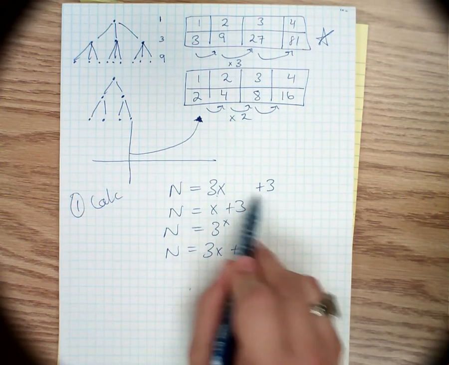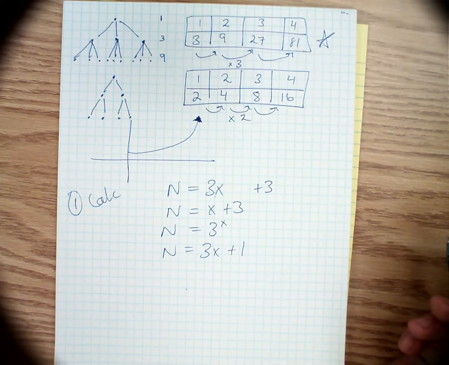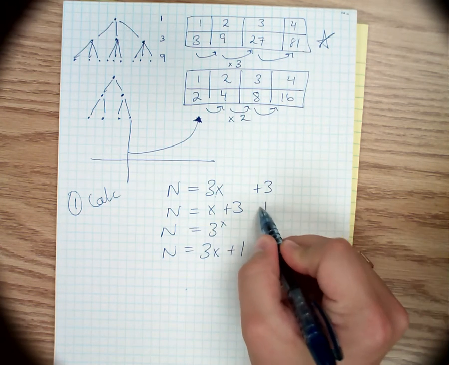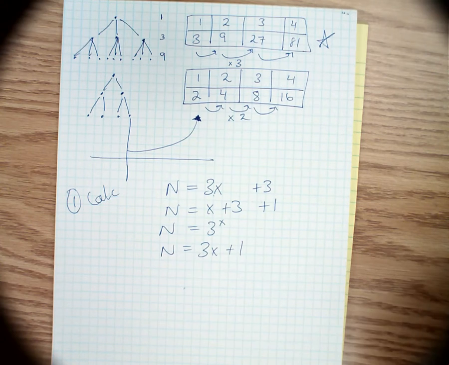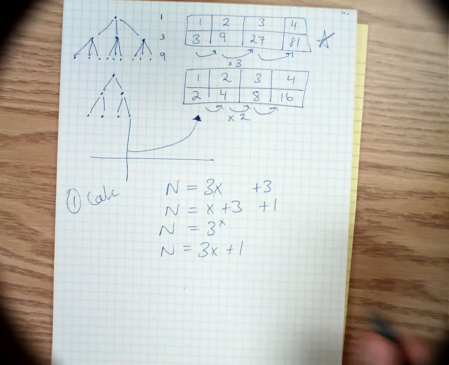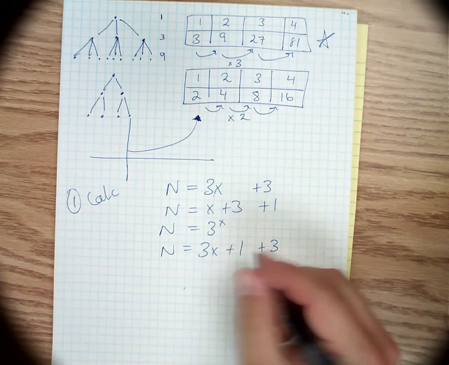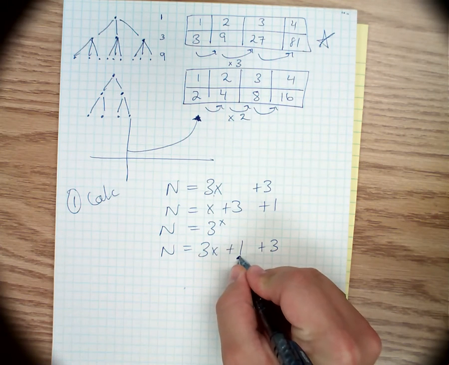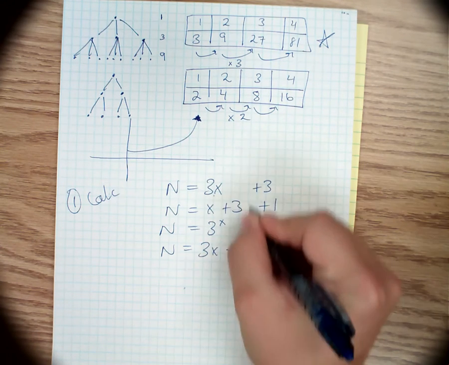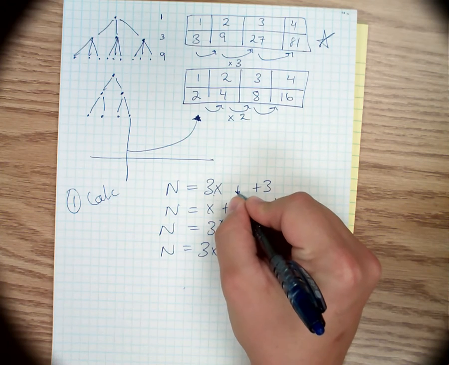What will this one be increasing by? Adding 1, okay. And what about this bottom one? It'll be multiplying by 3s. Now, if you put that in your calculator, it'll start at 1. And this one will start at 3.